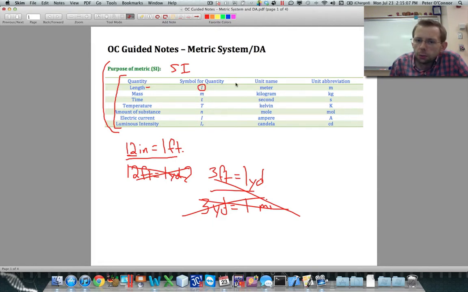The quantity symbol is an L. The unit is the meter, and we use an M. What is a meter? Back in the old days, we had this one little thing, and I shouldn't say little, it's a meter long. And you might say, well, how did I know that this platinum rhodium iridium rod was 1 meter? Well, some guy sat there one day and said, behold, I have said this is the meter.